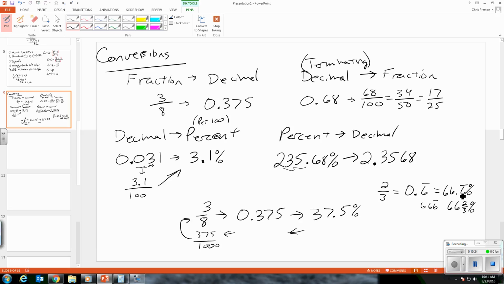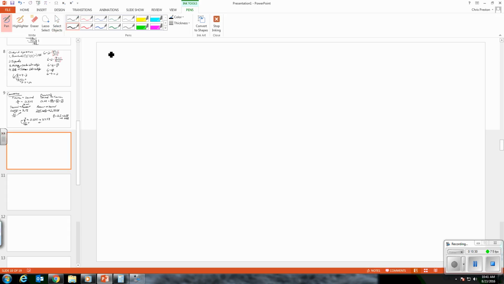Now, if it asks you to round at a certain place, let's say it said round to the nearest hundredth of a percent. I notice hundredth of a percent, not nearest hundredth.